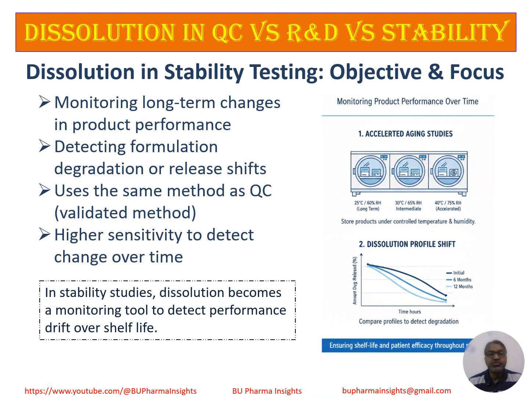Compared to routine QC, stability testing applies higher scrutiny and sensitivity, because even a small trend can signal long-term risk. In short, stability dissolution protects product performance throughout its life cycle.